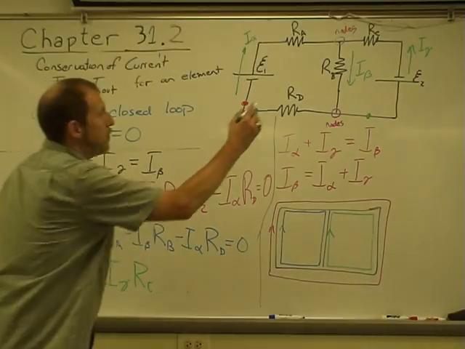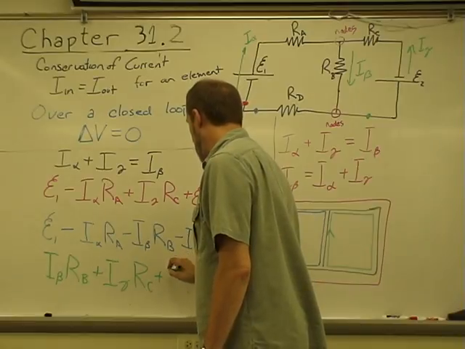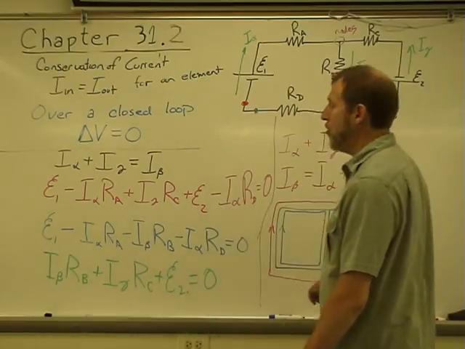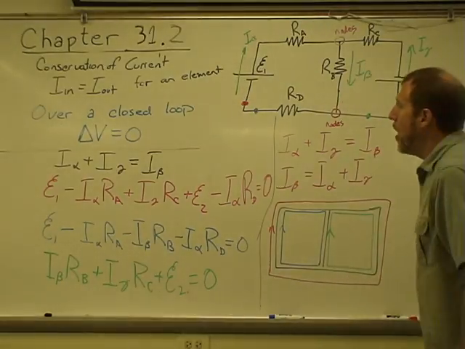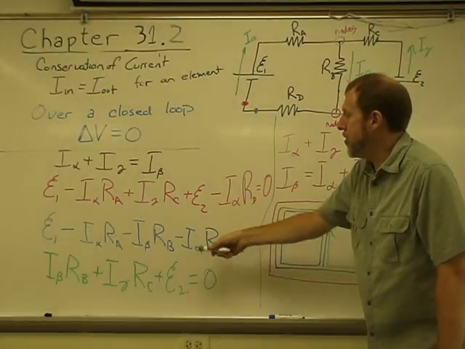I'm going from negative to positive on battery number 2, so the potential goes up, E2, and that equals 0.